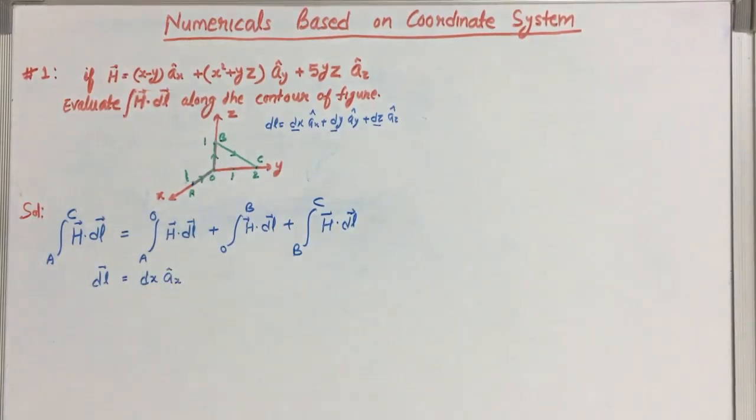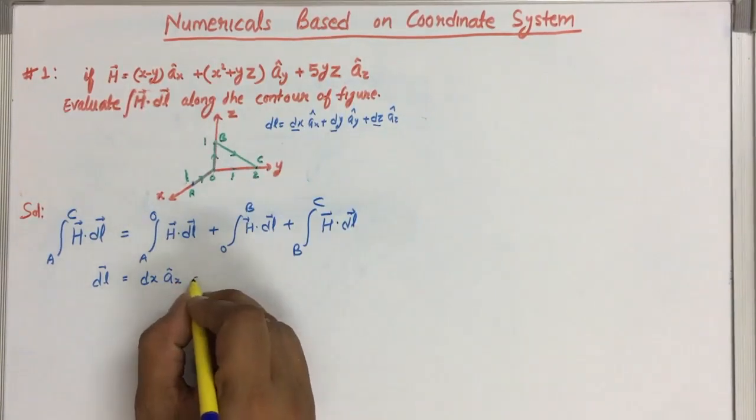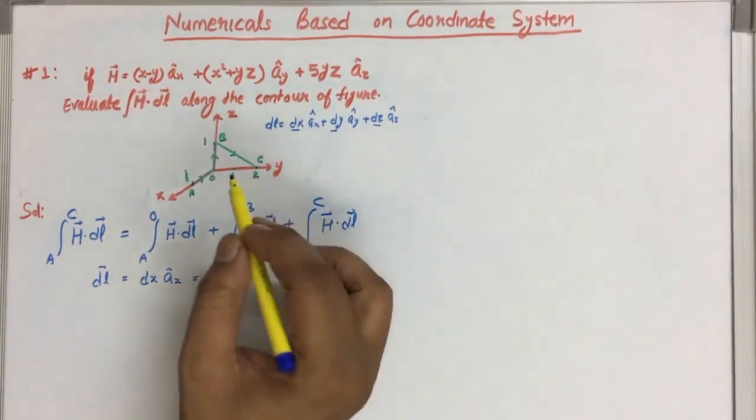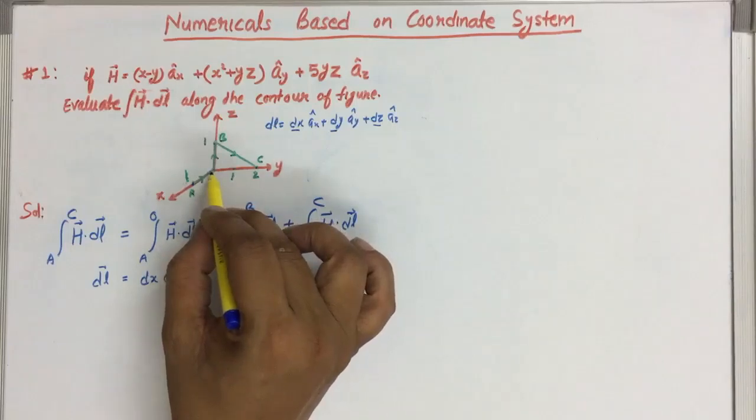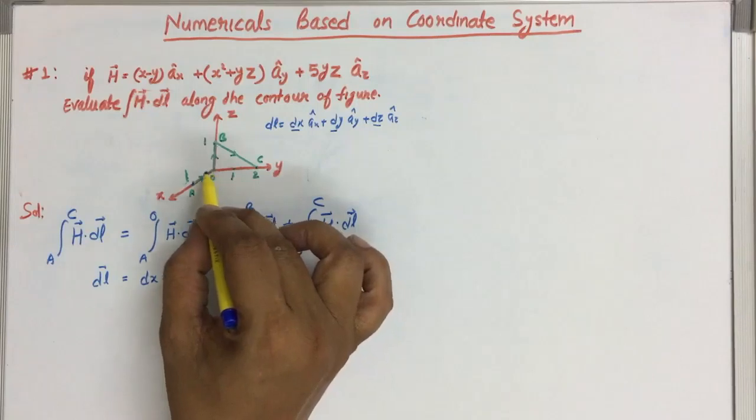In another way, dx is nothing but the change in length in the direction of x, so that is 0 minus 1.